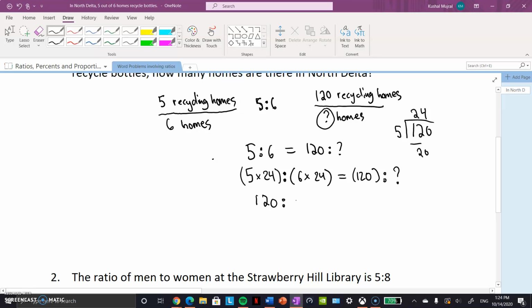Now we have to do 24 times 6, which is 144. So 120 to 144 is the ratio of 120 to this. Because these ratios are equal, and this number is 144, that means 144 is what we're looking for.